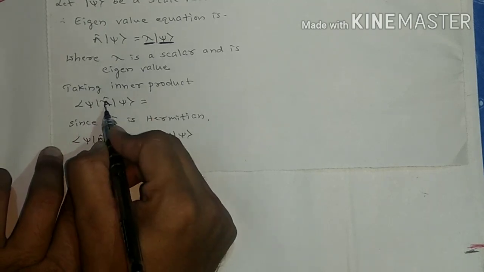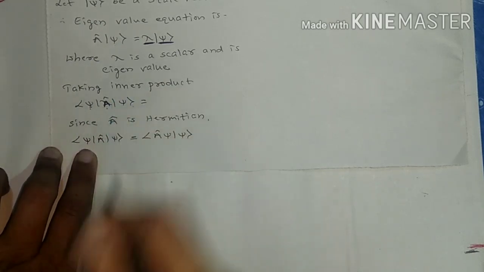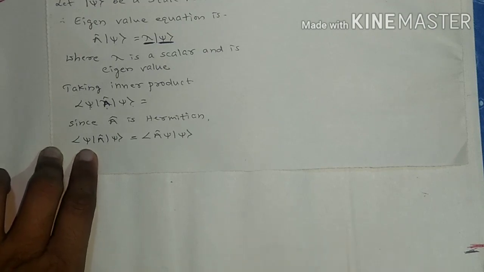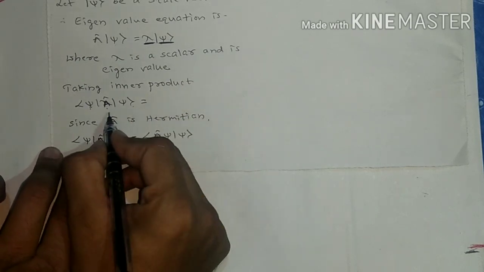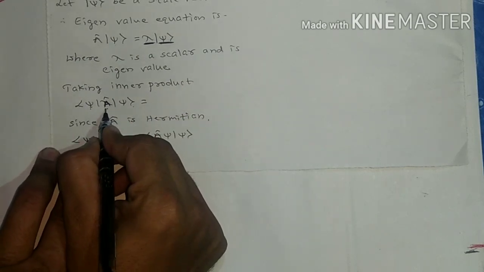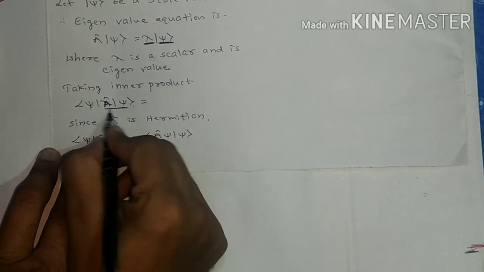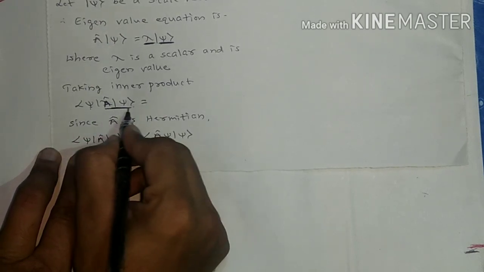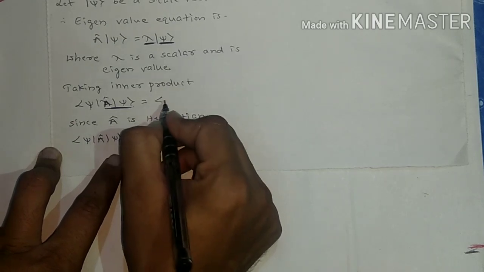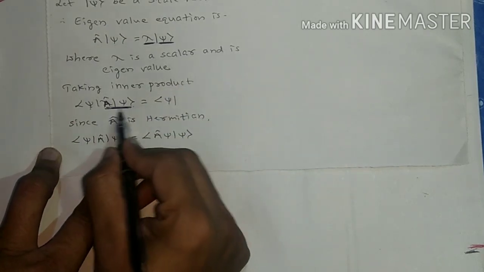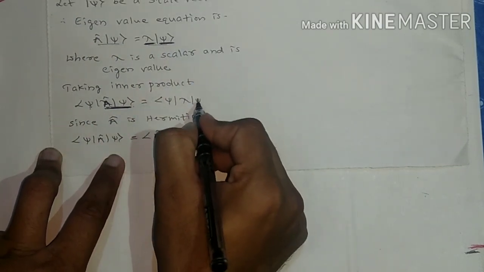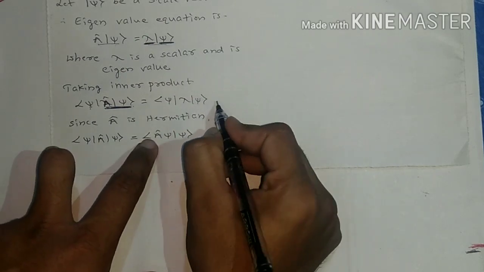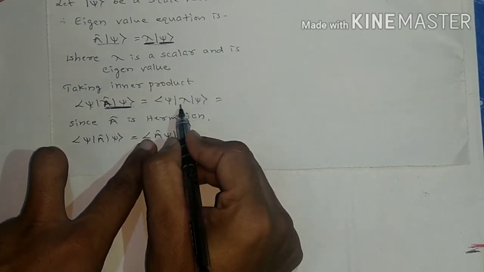Bra psi, operator A and ket psi. If the operator A is operating on psi, what we get is bra psi as it is, and A psi is nothing but lambda psi. And this lambda is in the ket.